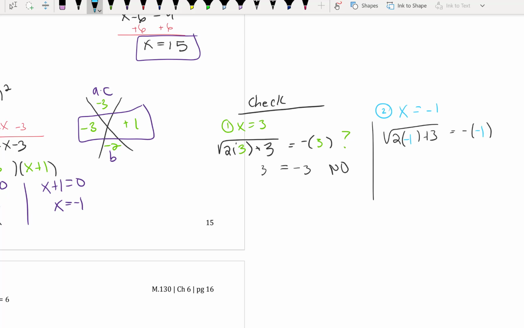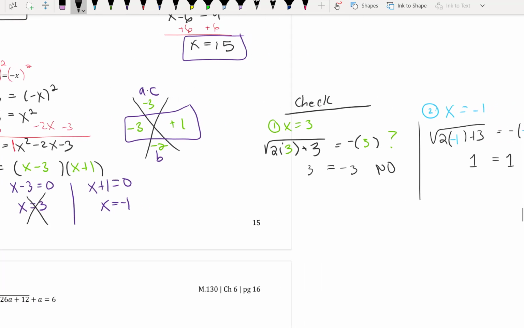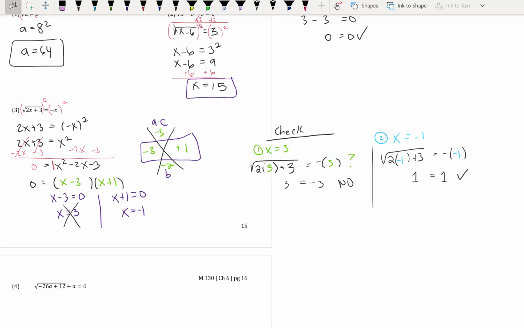So let's see, the square root of 2 times -1 plus 3 gives me a +1. And a negative times -1 gives me a +1. So that one does work out. Because that is true, the only answer that works out is x is equal to -1.